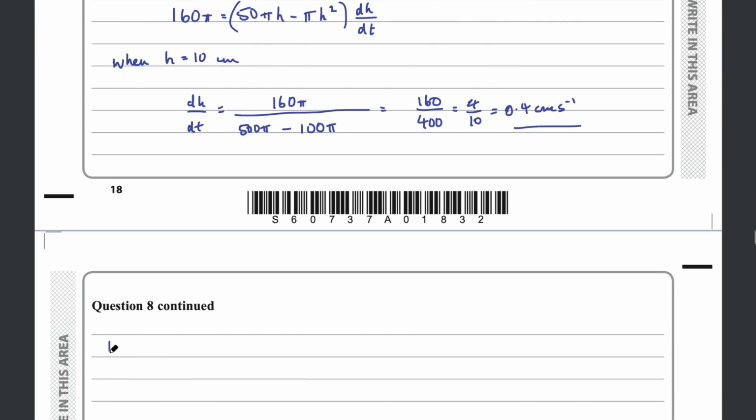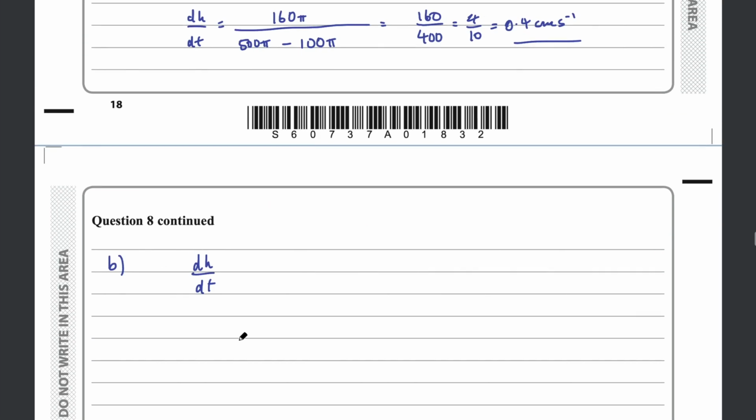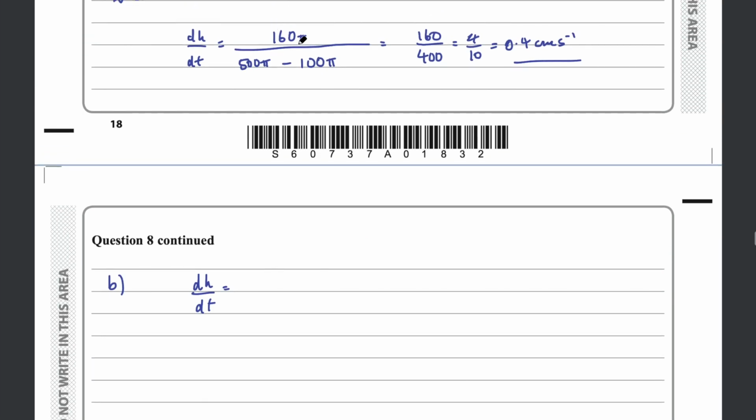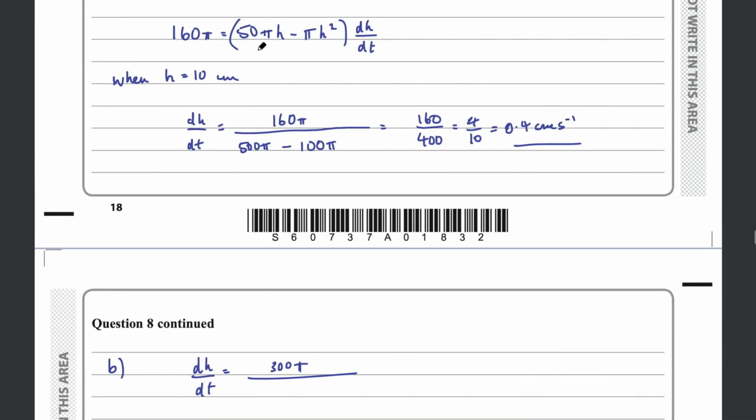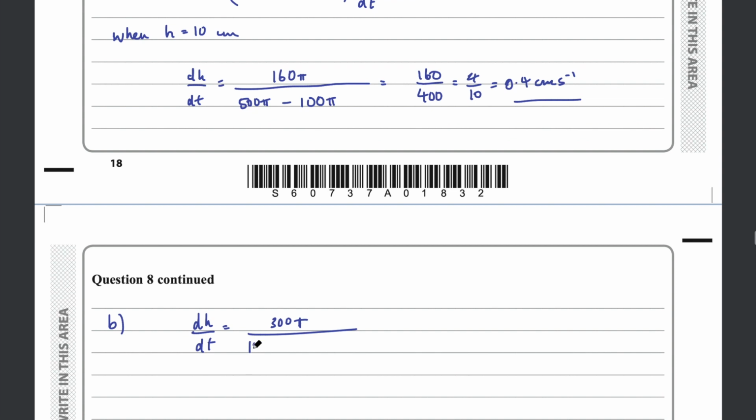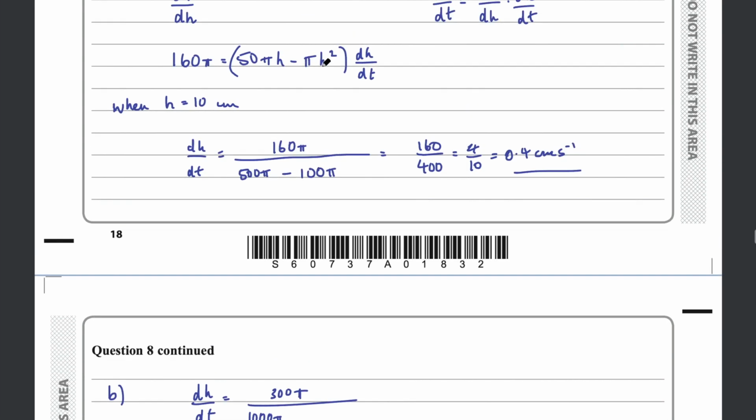So for part B, I'm looking at this expression here, dh on dt. This 160 pi changes to 300 pi, and this denominator here would be 20 times 50 now, which is 1000 pi. Take 20 squared is 400, so this would be 400 pi.